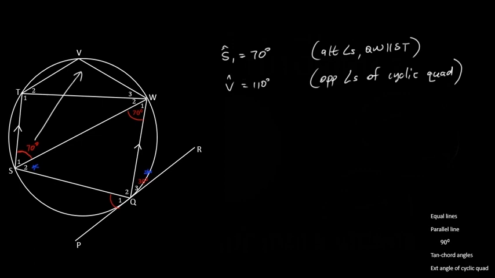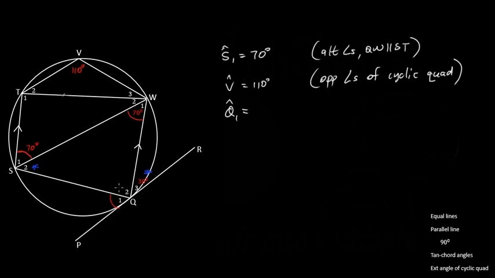Now, V becomes a new starting point to say, what's the relationship between V and the angle we are looking for? Remember, V is 110. Now, we are looking for angle Q1. What I'm noticing is that angle Q1 is already highlighted red.